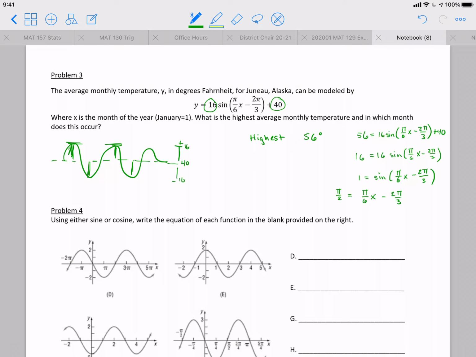So let's see here. We've got pi over 2 minus 2 pi over 3. Oh, no, plus, because we'll add it over. And then we'll divide that by pi over 6, right? And then I'm getting x is equal to negative 1.